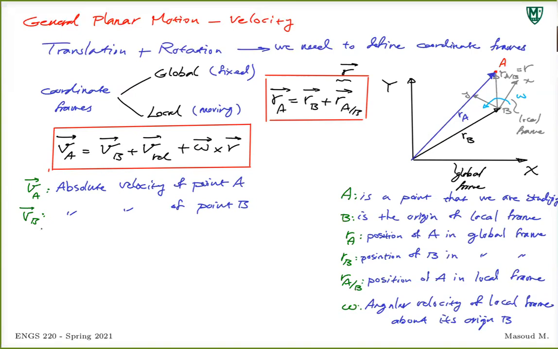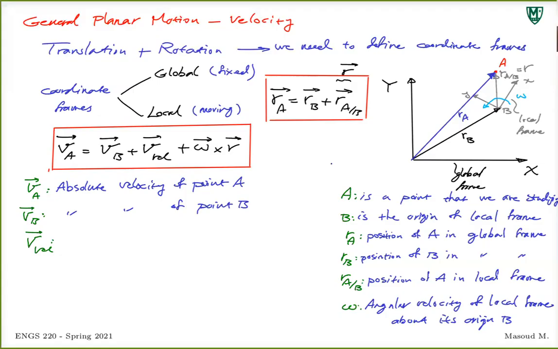New things that we see here: V relative. V relative is the velocity of point A in local frame. We'll see how we deal with that, but forget about everything else that's happening in this picture with these frames. Now you are just assuming that you have the local frame, the gray frame, and what is the velocity of A in this frame?